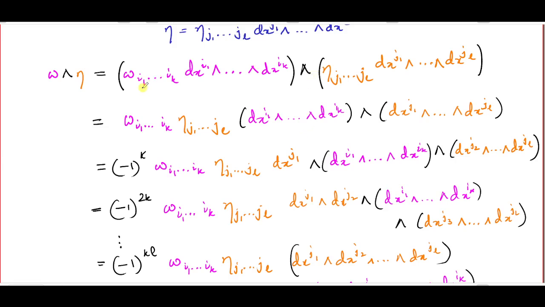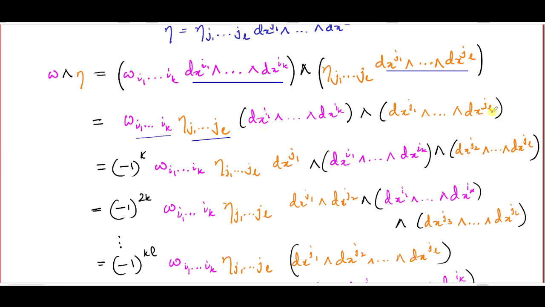Now because omega I1 through ik and eta j1 through jl are functions, they can be pulled out of this wedge product. So you end up with omega I1 through ik, there's this factor, times eta j1 through jl, times the wedge product of dxi1 through dxik, then a wedge with dxj1 through dxjl, what we have written here.